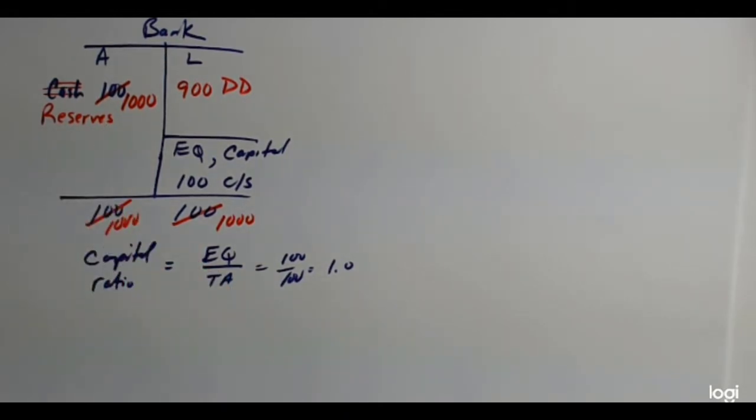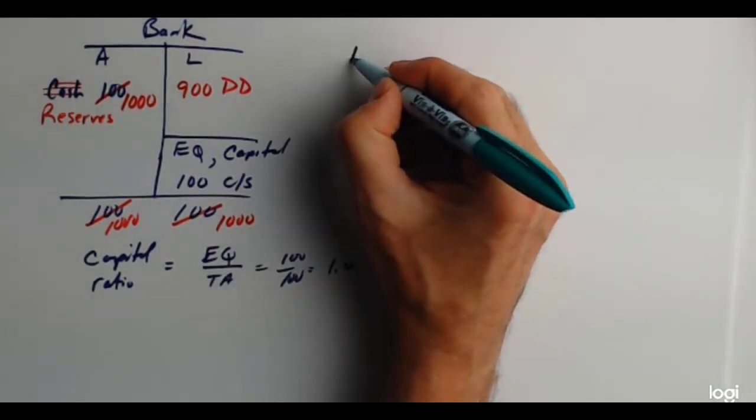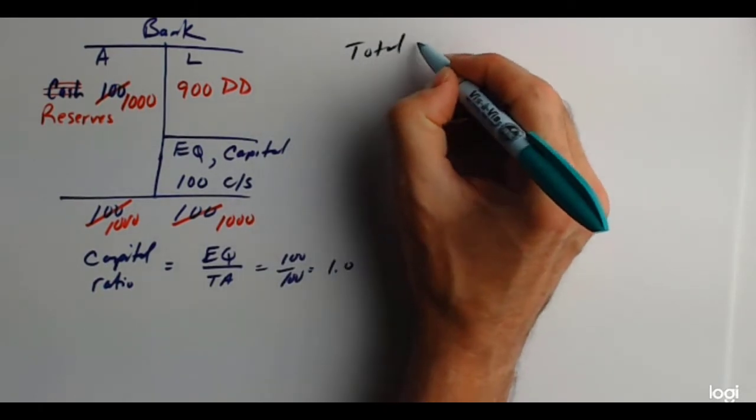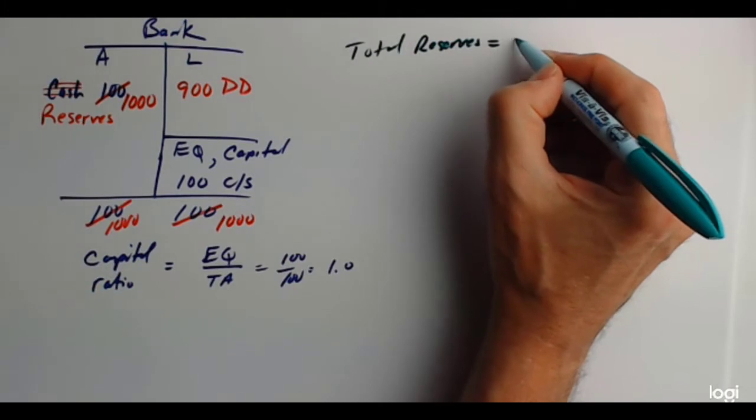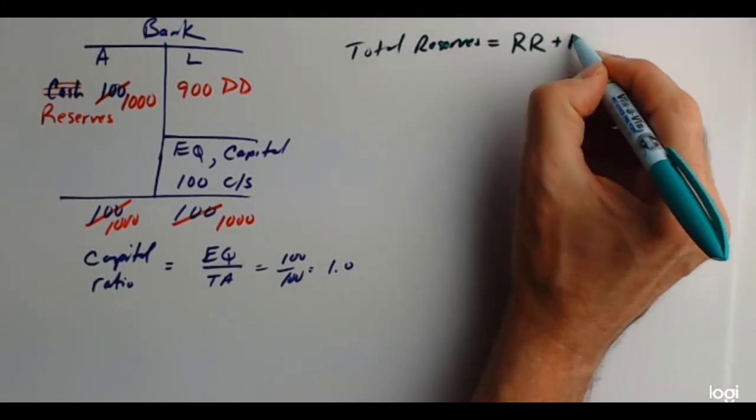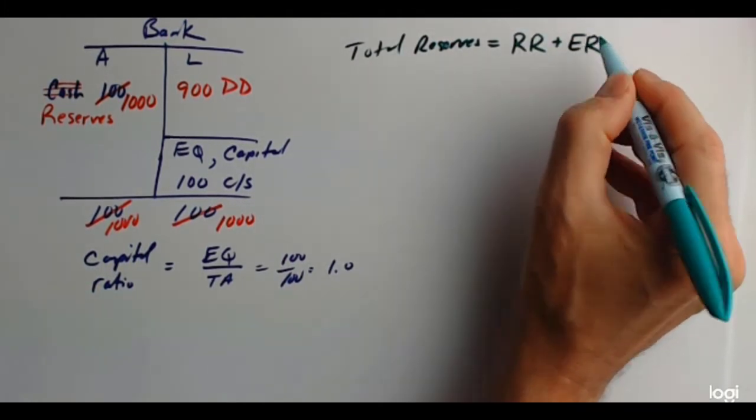Now, before we go further, let me get a green pen out here and tell you that banks have reserve requirements. So you have total reserves, and they're equal to required reserves plus excess reserves.